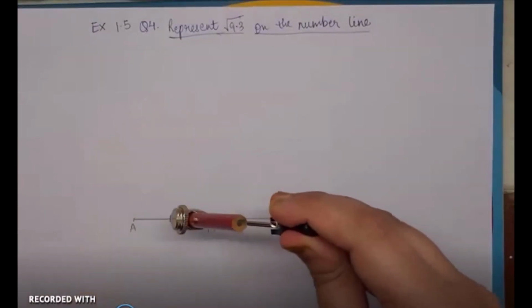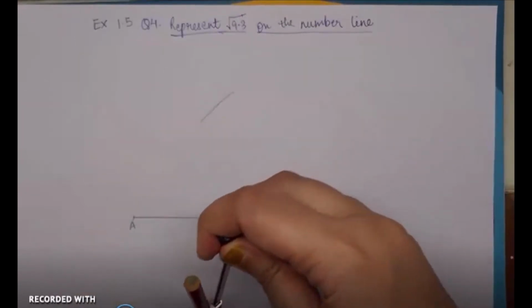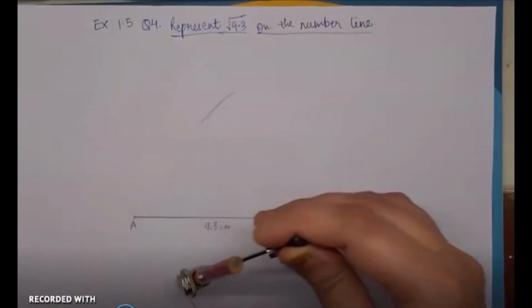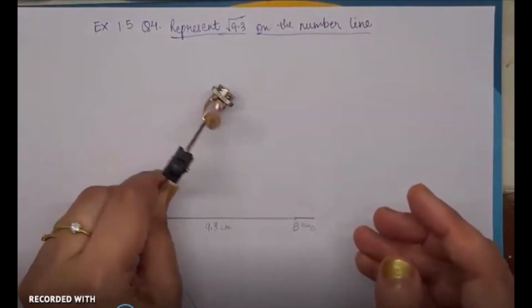Now I'm going to draw a perpendicular bisector of AC because I need the midpoint of AC. So now I'm drawing the perpendicular bisector of AC.